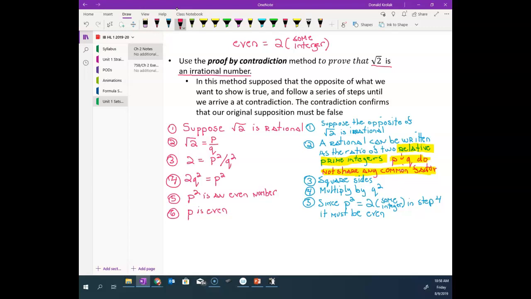When you multiply 2 evens, you get another even. The square root of an even is even. That's what allows me to make that statement.